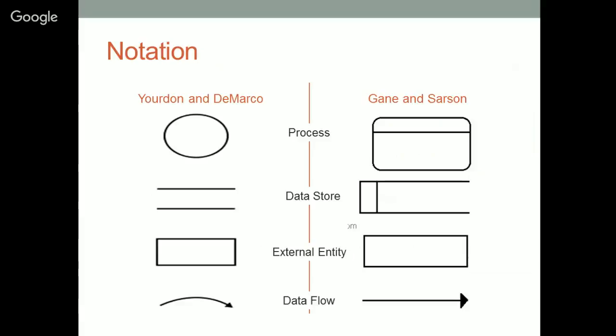And these are things often like the customer and how the customer inputs to the system, or how the system outputs to the customer. That customer is the external entity. And then we have the data flow, which is the arrow, and it connects the processes, data store, and external entities. It shows how the data is flowing in between those three different things.